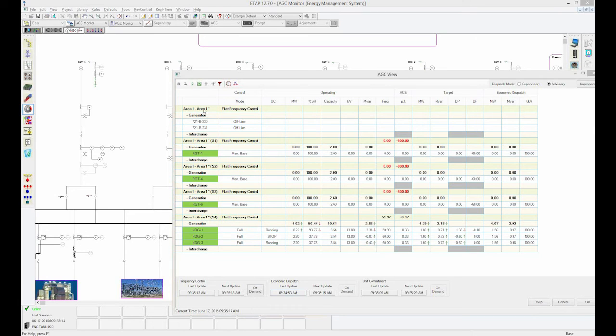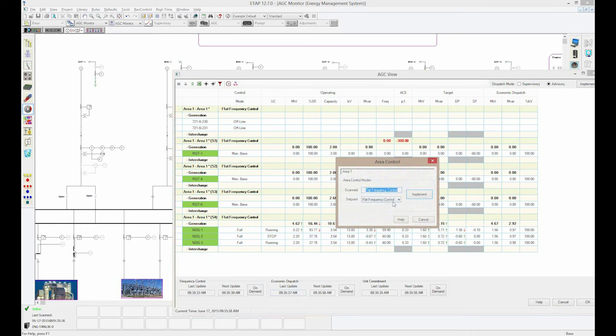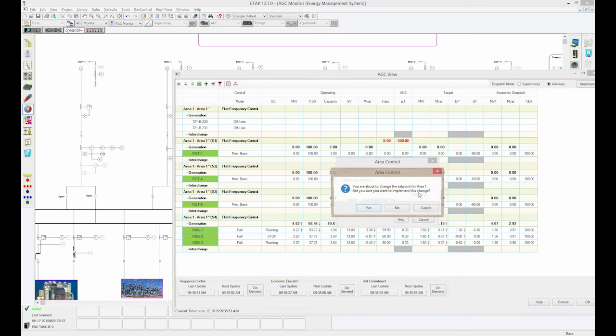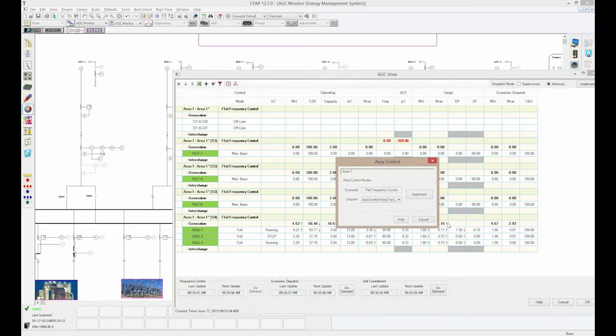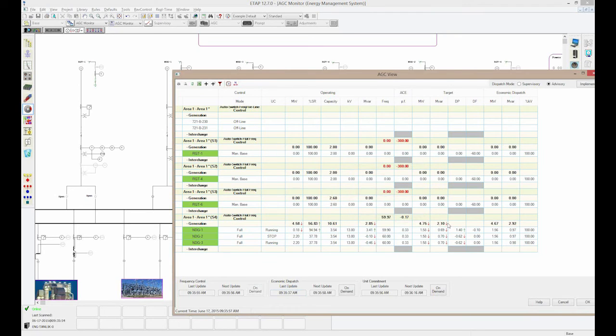All I care about is just the frequency, so hence I set it in that mode. But if I was in a situation where the system can operate grid connected and operate islanded, I would set it to auto switch mode and implement it, and then let the program decide based on the topology of the system which is the best control objective for me.